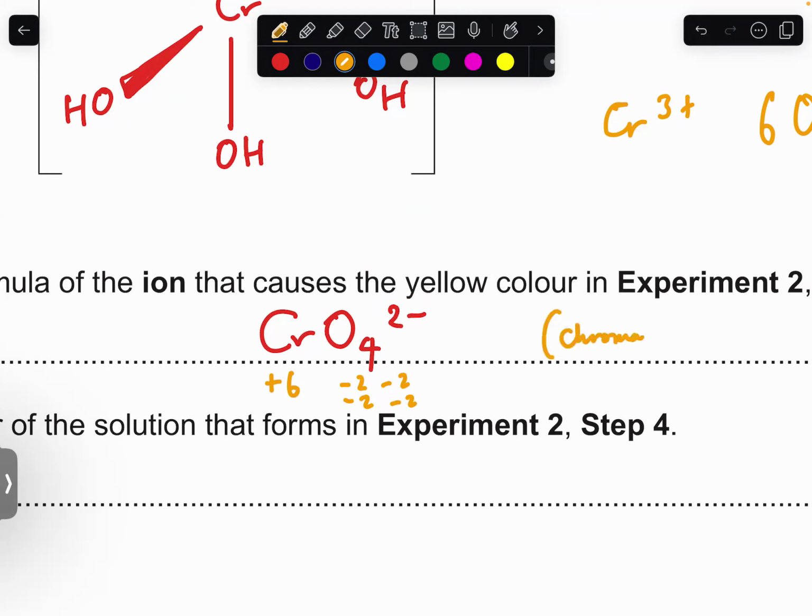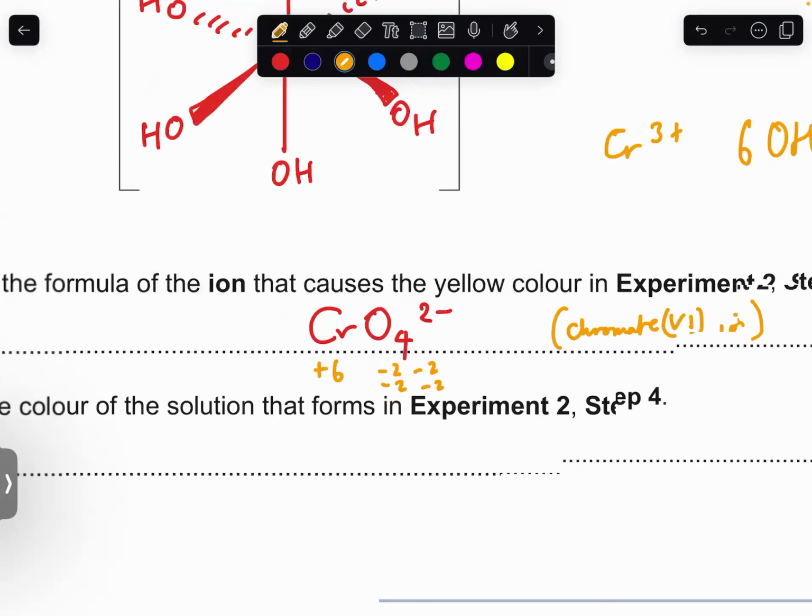This is called a chromate: chrome as in chromium, and 6 as in the oxidation number of the chromium.